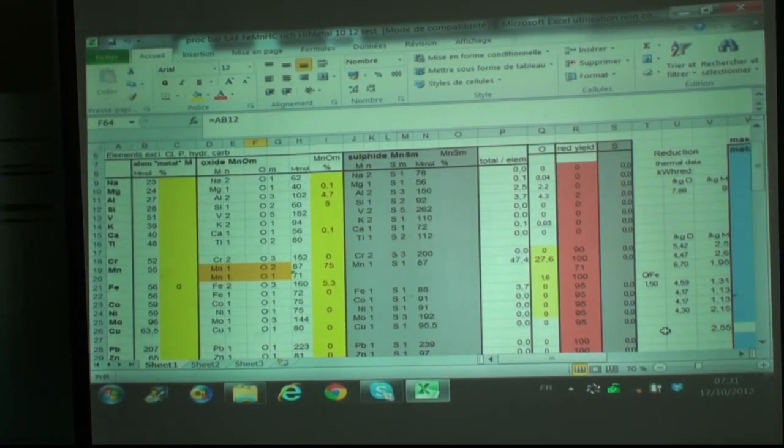If I want to have the kilowatt hour per kilo Si, in 1 mole is including 28 kilo.